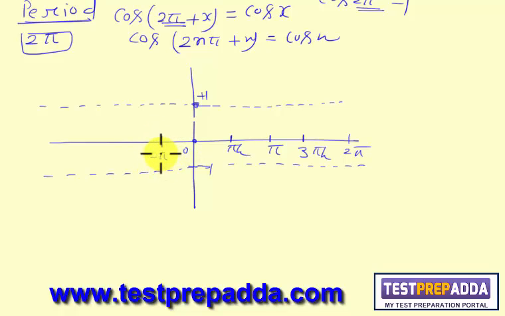And this side I can write minus pi by 2, minus pi, minus 3 pi by 2, minus 2 pi. Okay, this time cos 0 is 1, cos pi by 2 is 0, then cos pi is -1, then again 0, then maximum. So the graph will move like this, and if I extend this side, it will move like this.